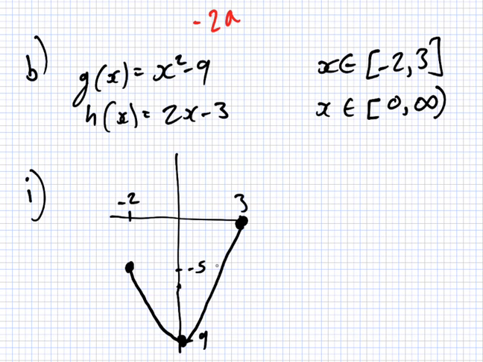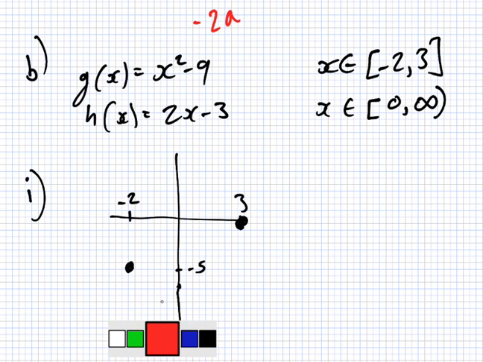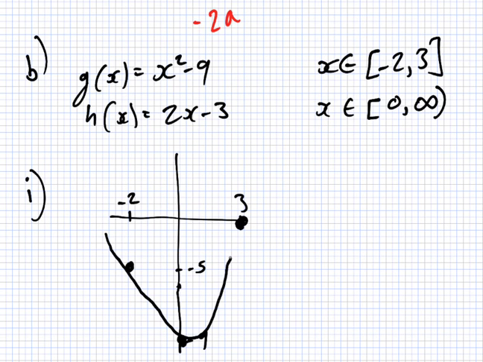So the range, well, I don't even know that minus 9 is the lowest point. It will be, but I don't know that just yet. Yeah, it will be minus 9 to infinity. No, not to infinity. To 0, because it stops here. This is the range. So the range is from minus 9 to 0.